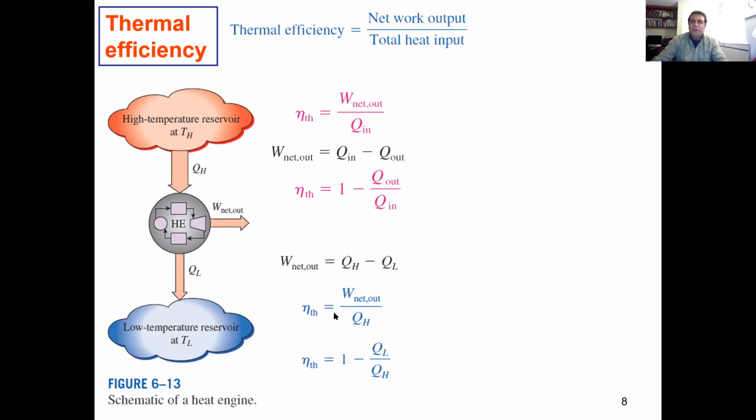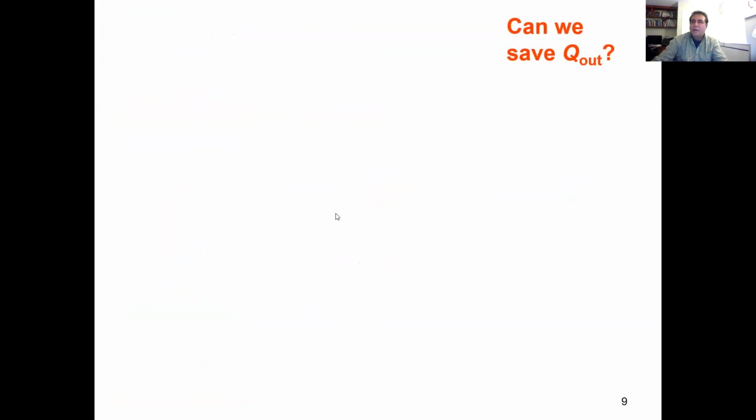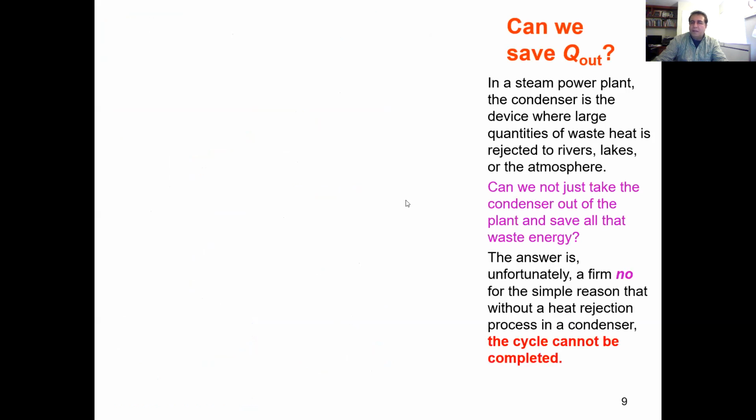So the definition of thermal efficiency is always the net work output, what we want, over what we put into the system. We have to put energy into the system. That means it costs money. What we wanted to get out of this system or cycle, and we save Q out in a steam power plant.